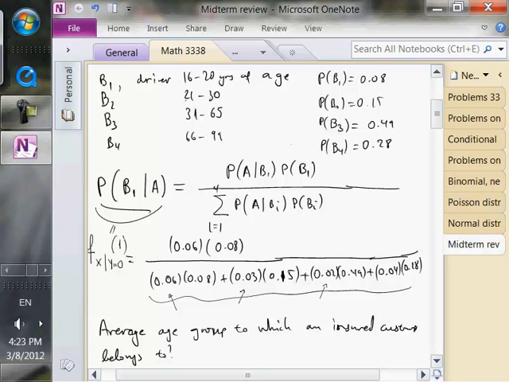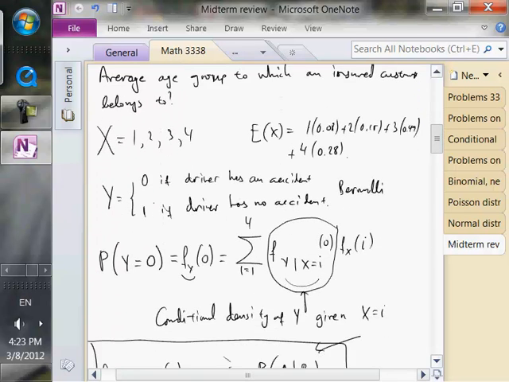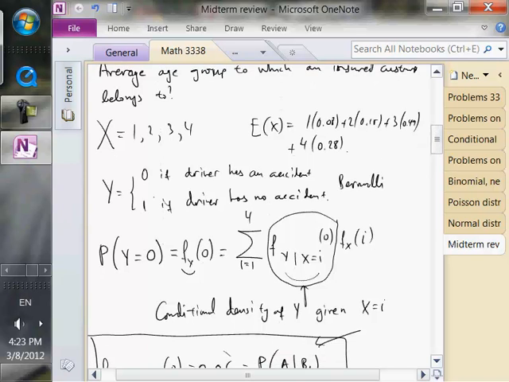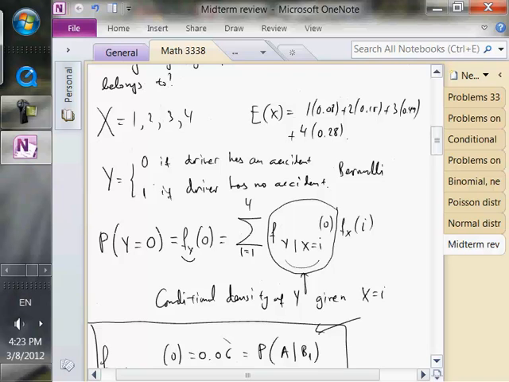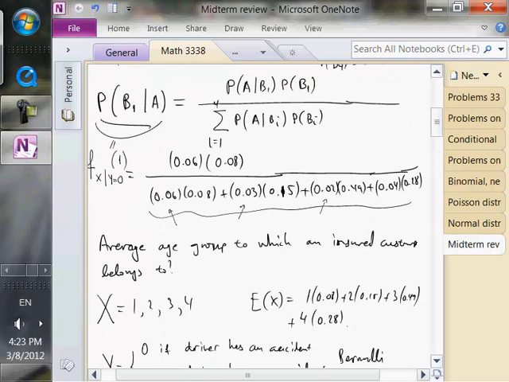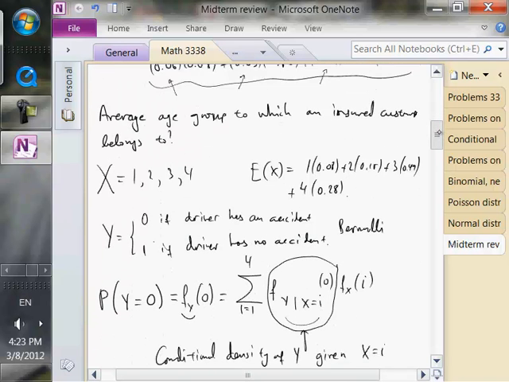And now the same problem, I can do the same problem by using 2 random variables. And if we want to use 2 random variables, then I would use the following random variables.